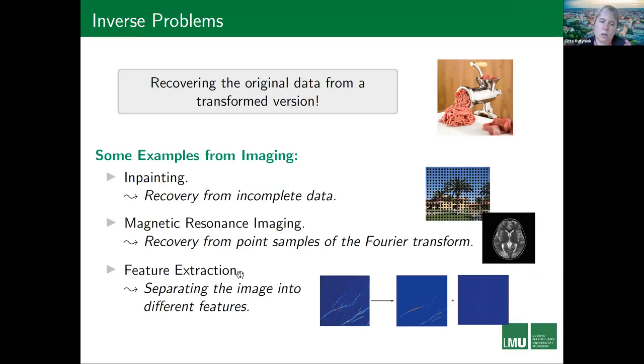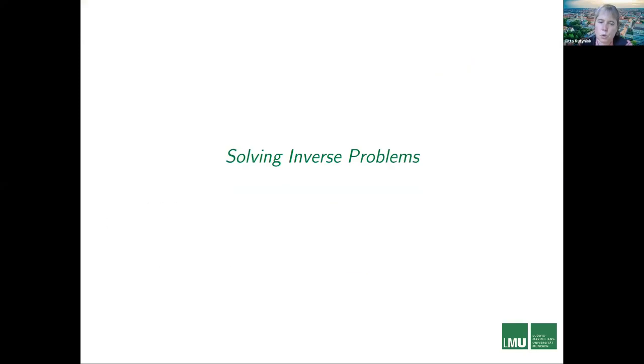Or also feature extraction: you have an image and you would like to extract certain features, for instance here curvilinear singularities and here point singularities. Now all those fall in the category of inverse problems.